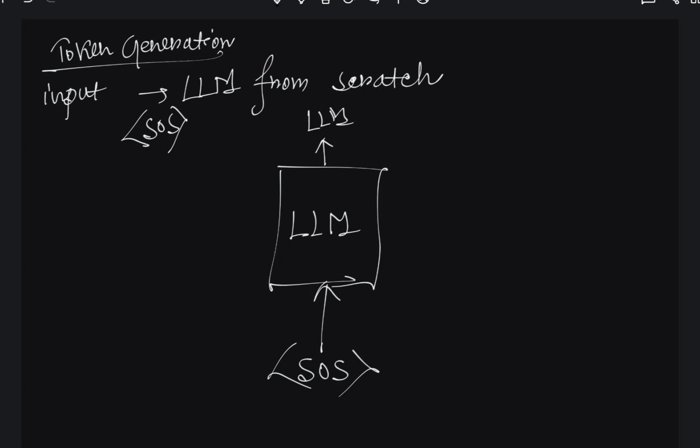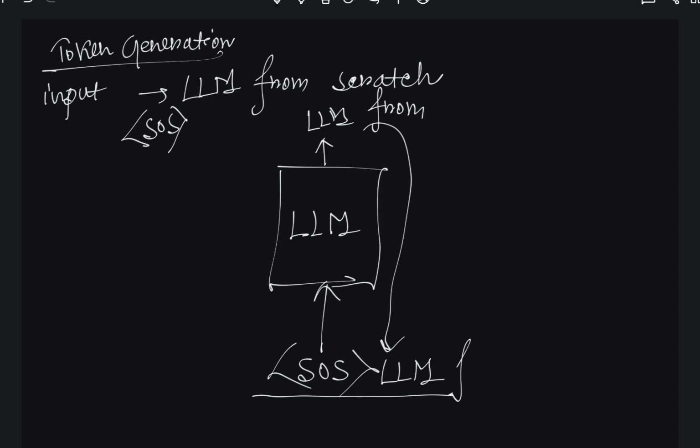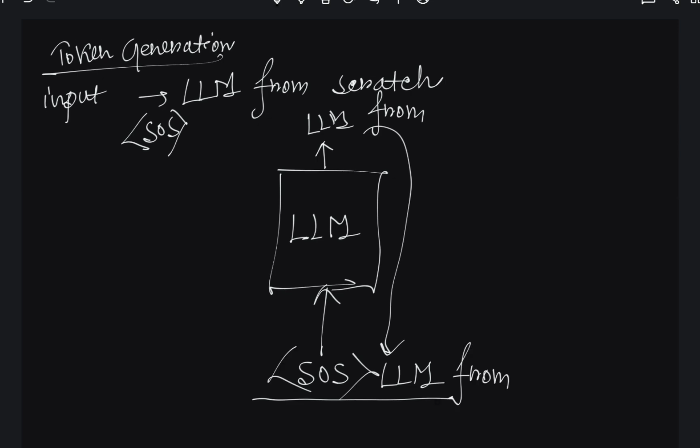Then that next token will be appended to the input, flowing back from the output to the input, and now you send these two tokens together to the LLM, and you expect it to generate "from". Again you concatenate this token and send it to the LLM, and it generates "scratch".